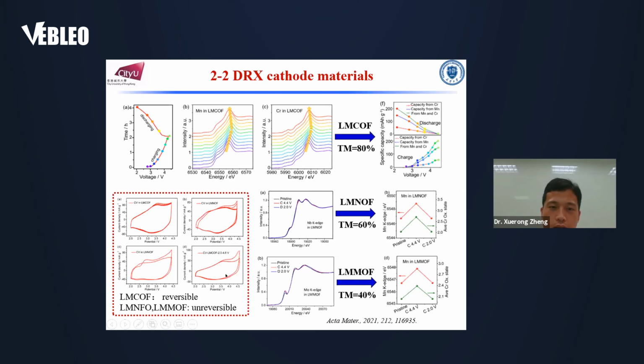densification. And we increased the voltage from 4.4 to 4.6 for the LMCOF. We also observed that the oxygen redox is irreversible for this one. So for the LMCOF, a voltage window from 2 to 4.4 is proper, and it will not trigger the oxygen redox here.